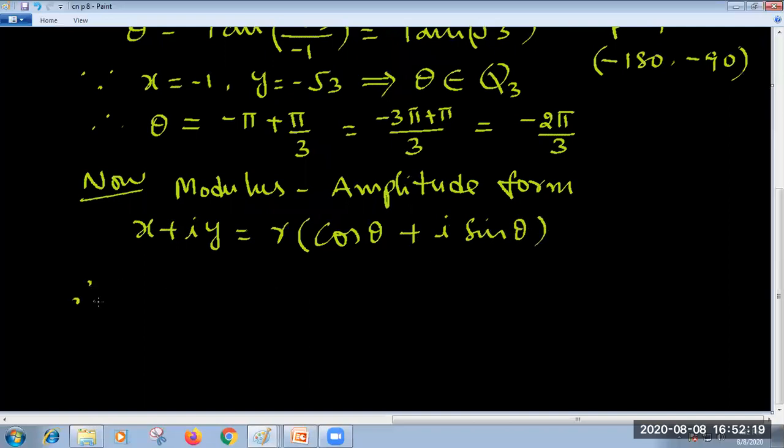So now this given complex number minus 1 minus i root 3, I have to substitute the r value. So r value is 2 and theta value is minus 2 pi by 3.